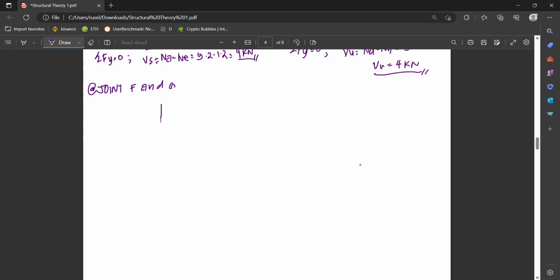Dito natin lagay. Yan. This is your F. This is your small letter F here. Then small letter T. And small letter B. Then small letter S.